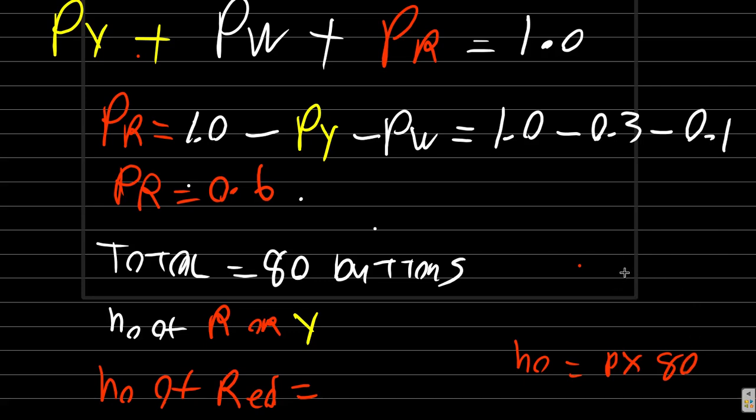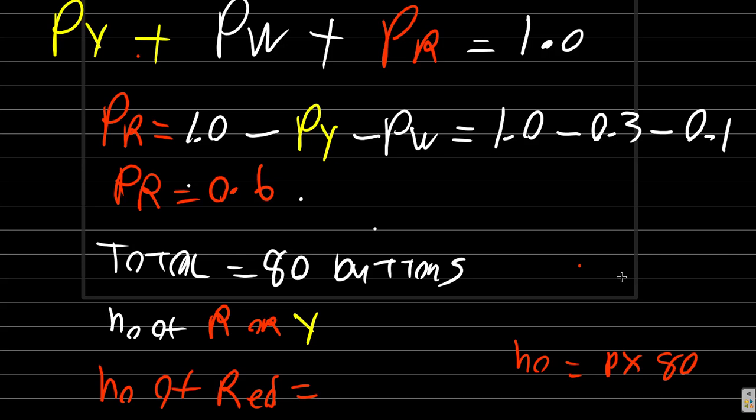If you think of it, suppose the probability of choosing a red was half. That would mean half of them must be red, so it would be 40. You expect 40. Half of 80 is 40. If all of them were red, the probability of choosing a red would be 1, and 1 times 80 is 80.